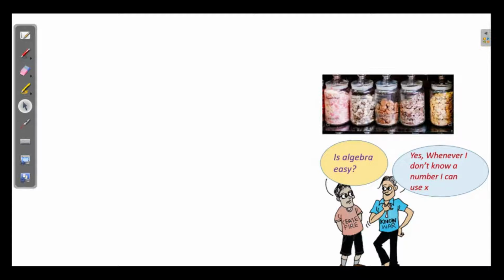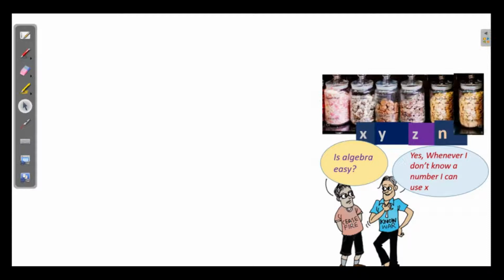See, can you say the number of candies in each bottle? We have to count it, isn't it? But before counting it, we can use letters X, Y, Z, N, and if there is one more bottle of the same type, same number N, then M. So we can use letters instead of the number of candies in each bottle.